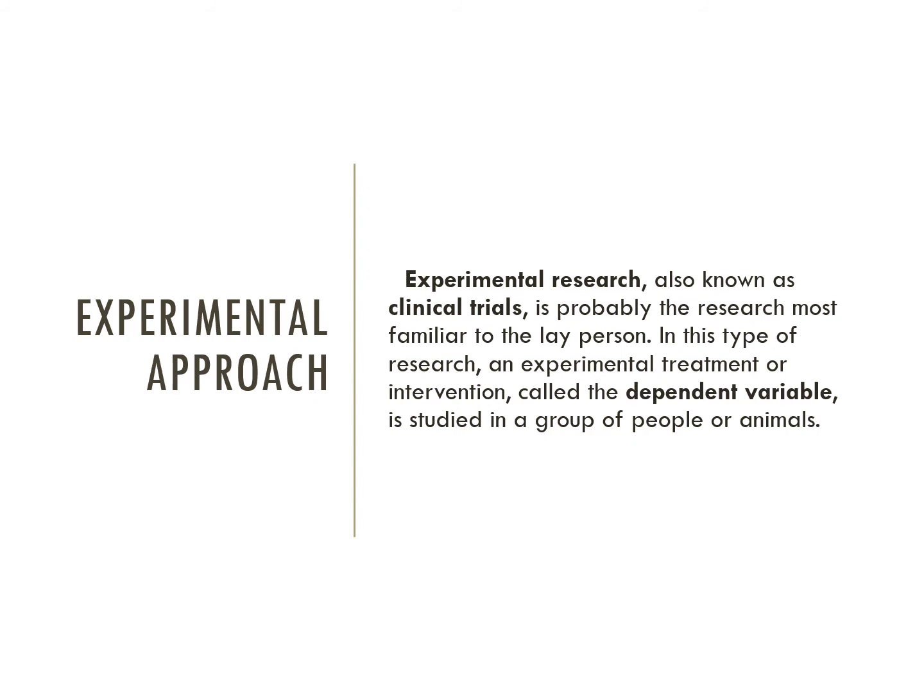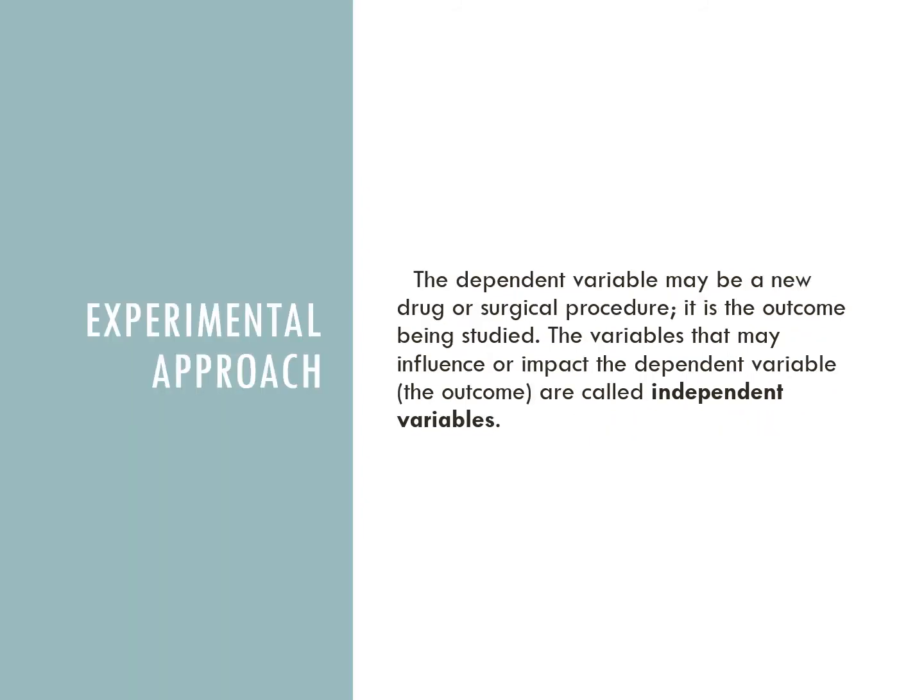Maybe I'm just reading this wrong right now, but basically, like for brushing, if we want to see if brushing will affect gingivitis, right? The brushing is going to be the independent variable. That's the thing we're going to change. And the gingivitis is the thing that's going to be affected, right? Gingivitis doesn't affect brushing. Brushing affects gingivitis, okay? So in this one, the dependent variable is whatever is being studied.